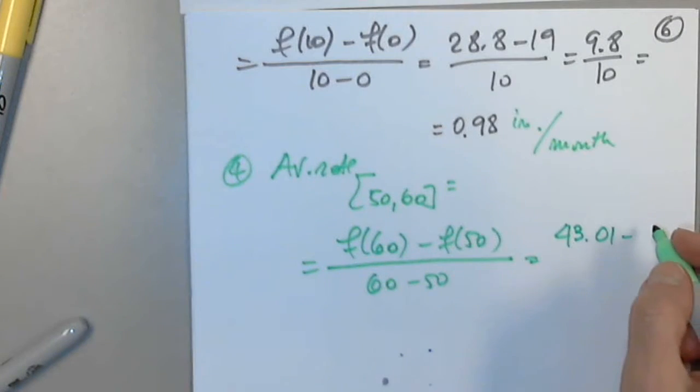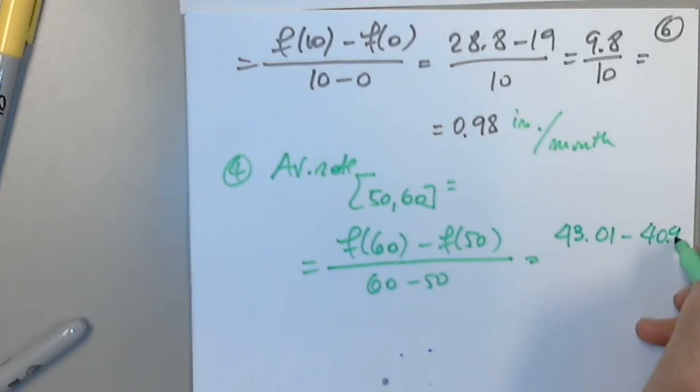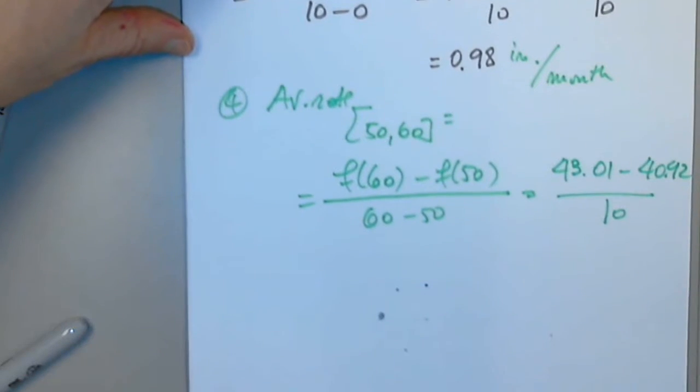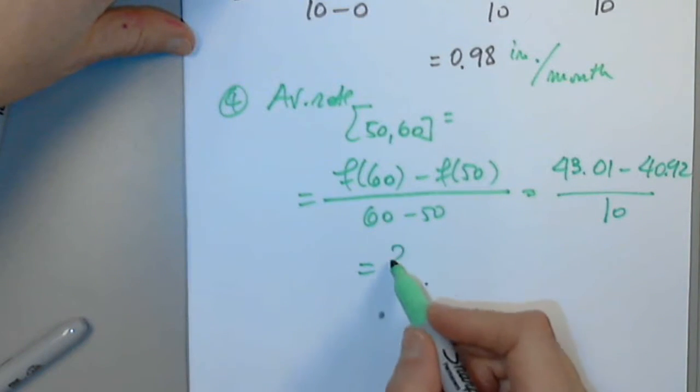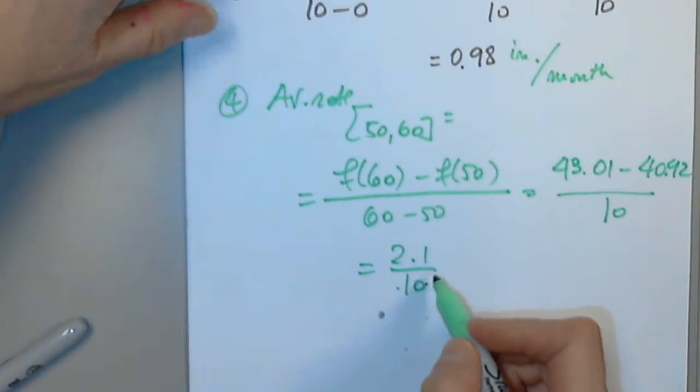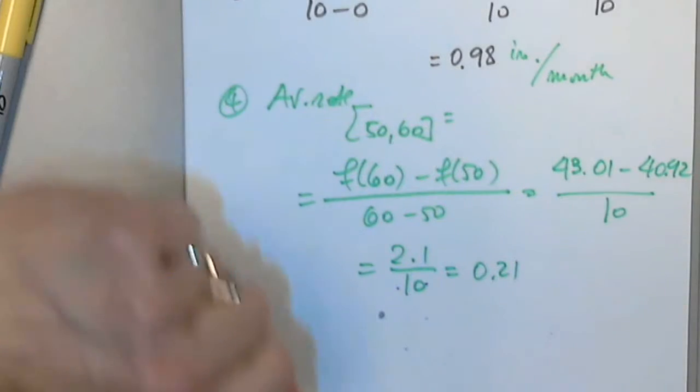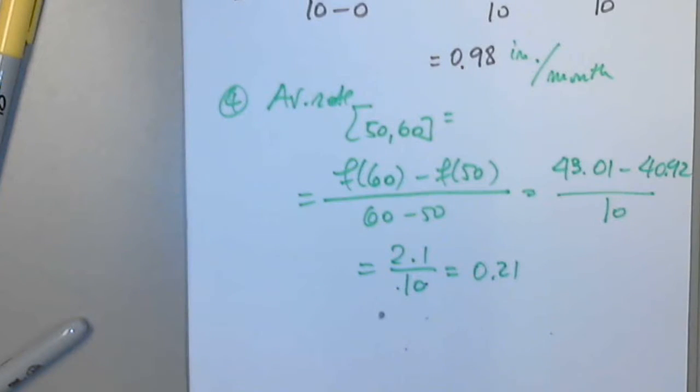43.01 minus 40.92 divided by 10. So this is 2.1 over 10, 0.21. Without a measurement unit, it means nothing. And the measurement unit is?